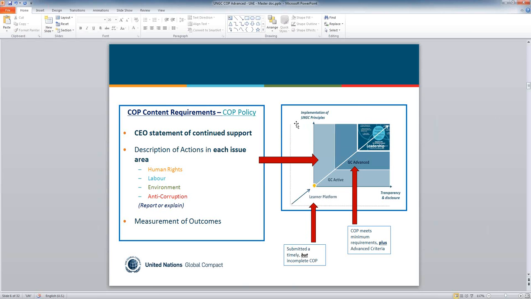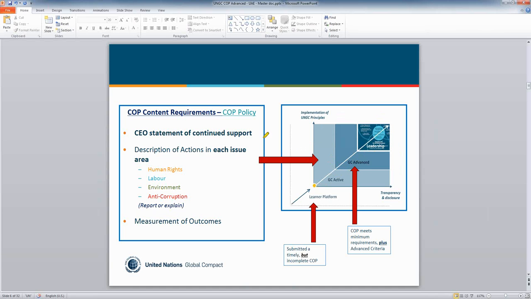So let's talk about the differentiation levels in the Global Compact. The blue diagram that you see over here shows which are the levels in the Global Compact.